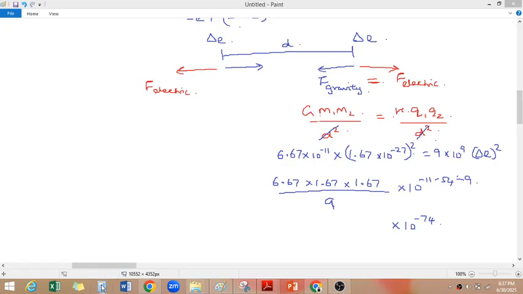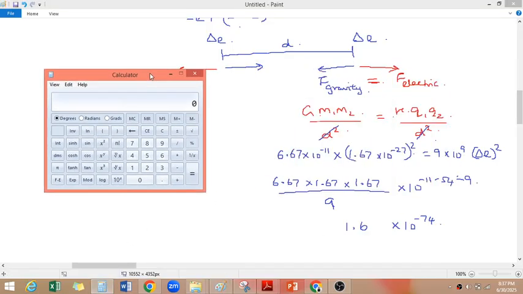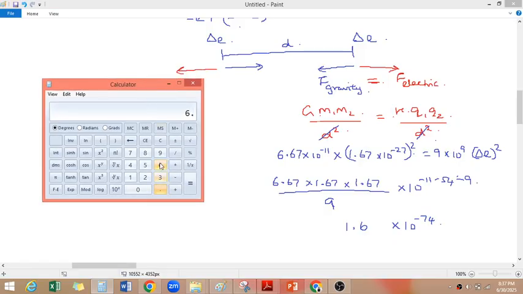So 2.25 into 2, so 5 divided by 3. I think I will get somewhere around 1 point something, near 1.6. Can do some double check. So 2.06. Do you get 2.06? 6.67 into 1.67 divided by 9. 2.06, yeah, very good.